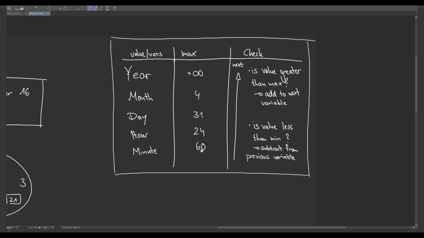Like, we have 60 minutes, and then we can multiply that by the hours, days, and months, and look up, like, we have a specific value, divide that by this term, and then we have basically the amount of years, and the remainder we will use to calculate the months, then the days, and so on.